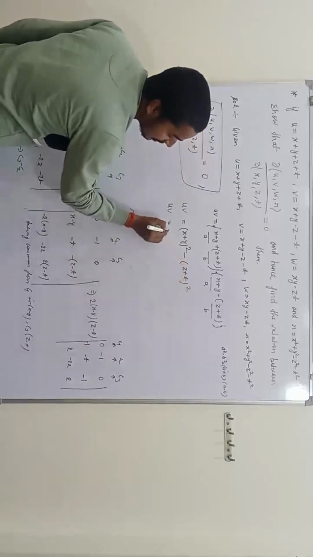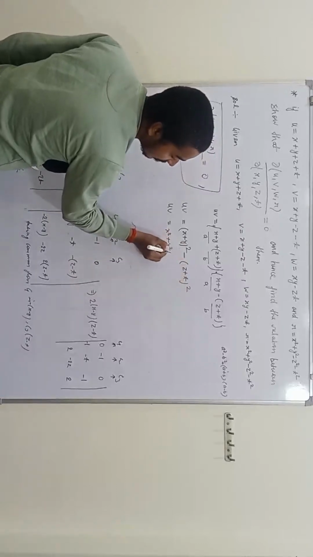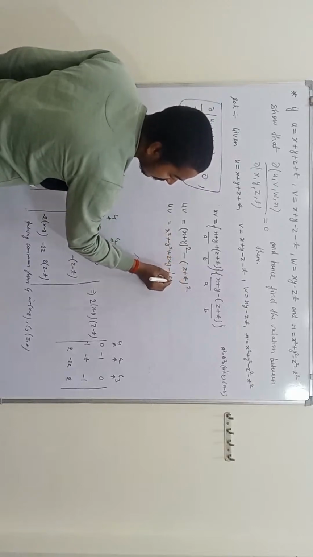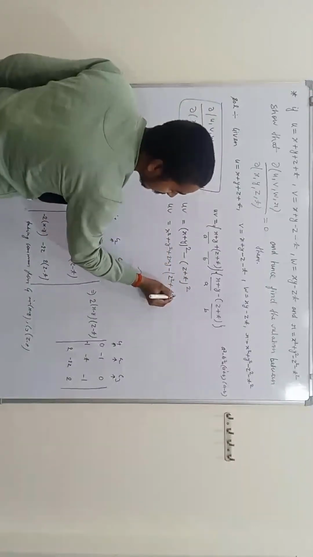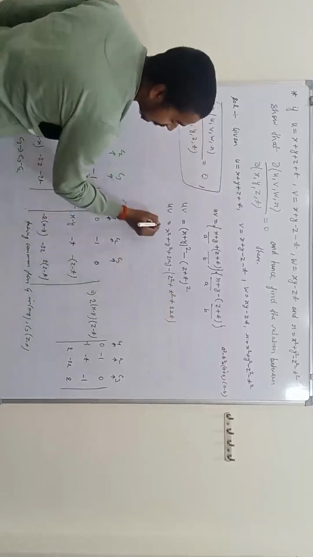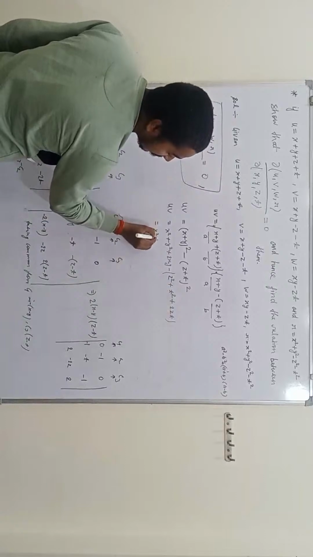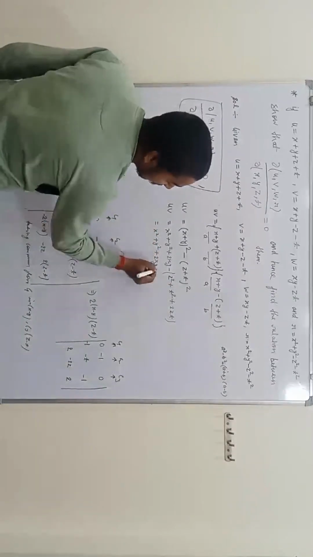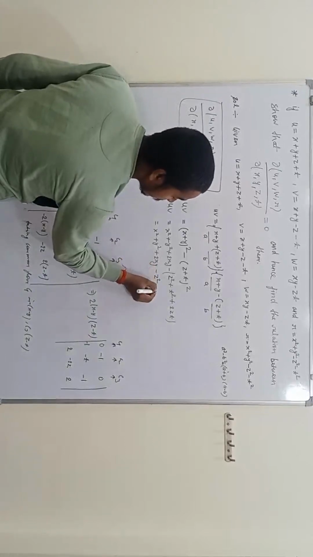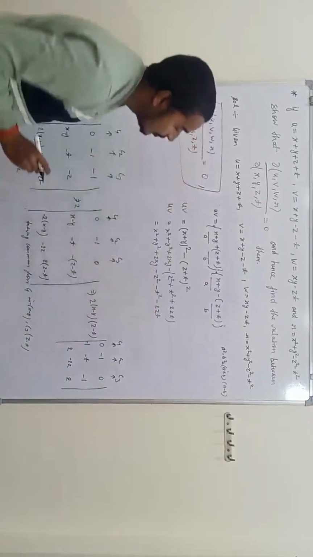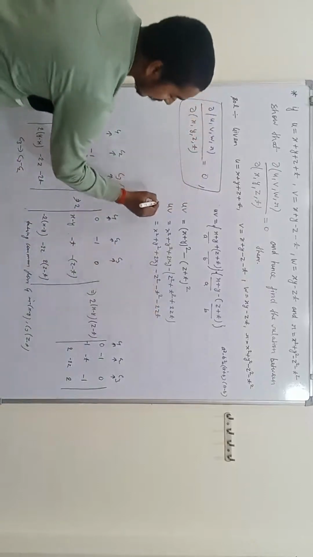Further we have to expand, that is x square plus y square plus 2xy, and we can also expand z square plus t square plus 2zt. So x square plus y square plus 2xy, minus z square minus t square minus 2zt, and we find the relation.